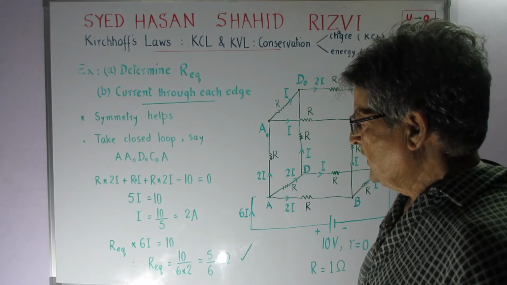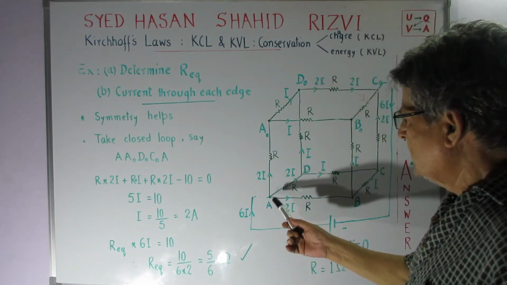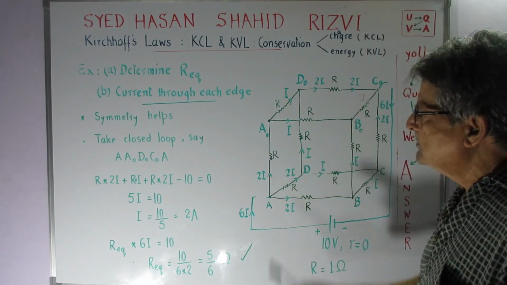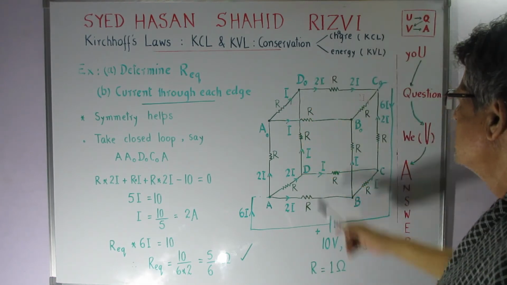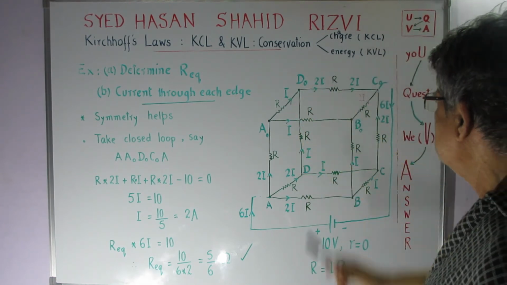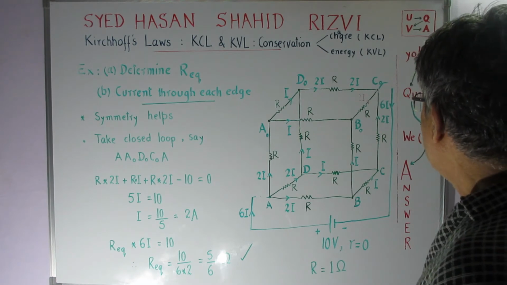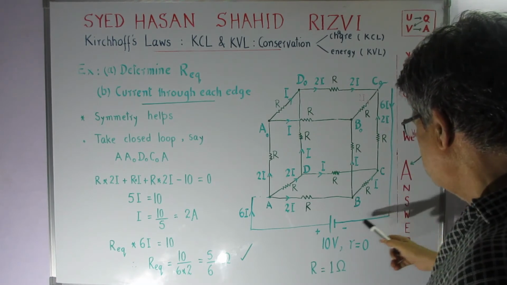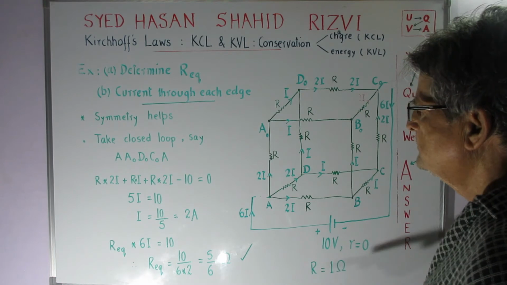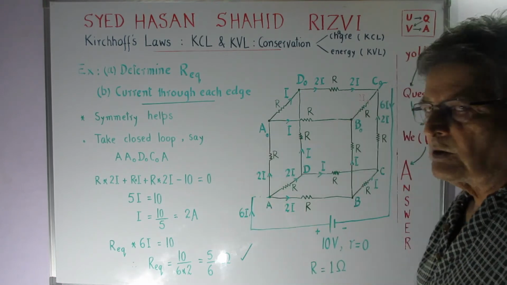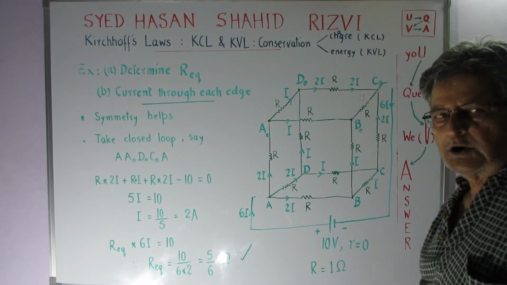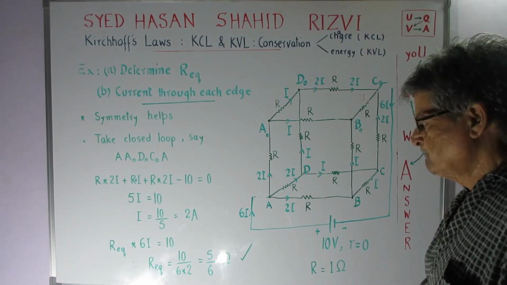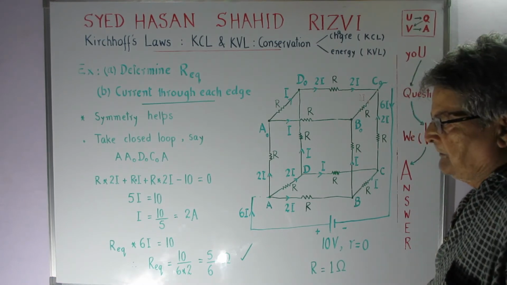So fall of the potential I can write here, starting from here: R into 2I plus R into I plus R into 2I, and plus minus 10 volts is equal to 0. Because, like I said, we are back to the pavilion.